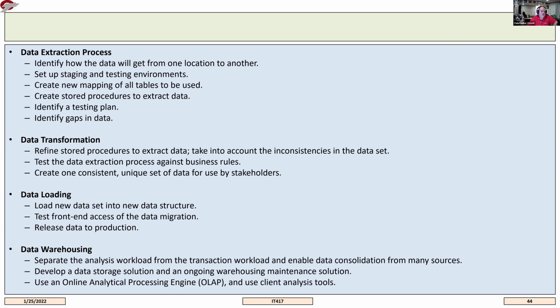Data transformation is taking those procedures to extract the data, figuring out where there are inconsistencies in that data set, and then processing them against what the business believes are the correct corrections in order to make the data right. So say you have a bunch of heartbeat data from a medical place, right? A typical patient has heartbeats anywhere from, in my case, 45 beats per minute to a typical person closer to 90 beats per minute, right?